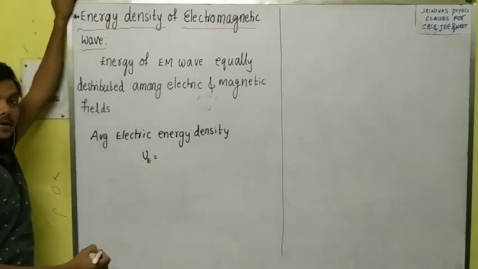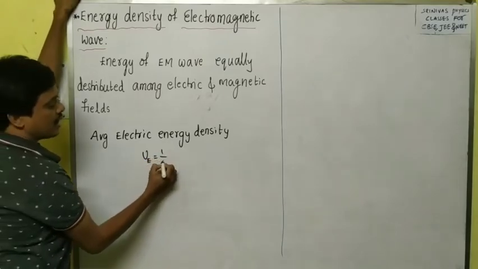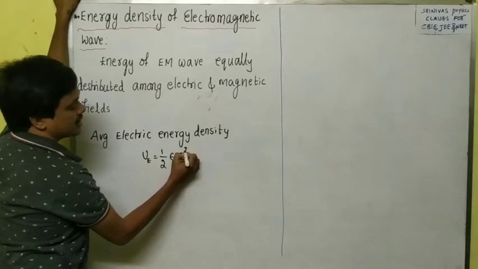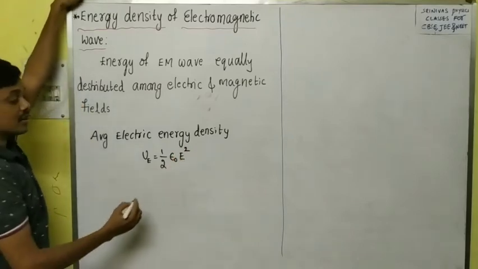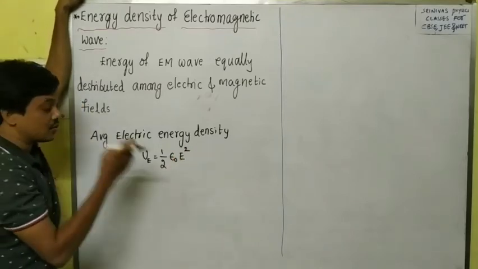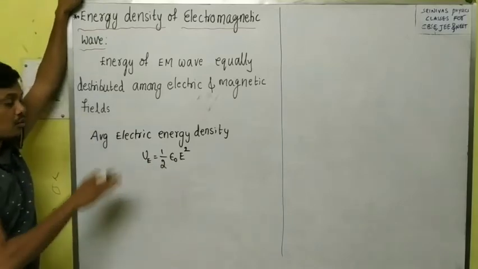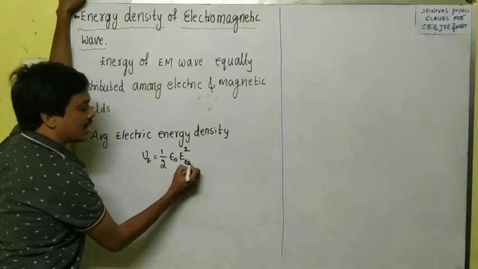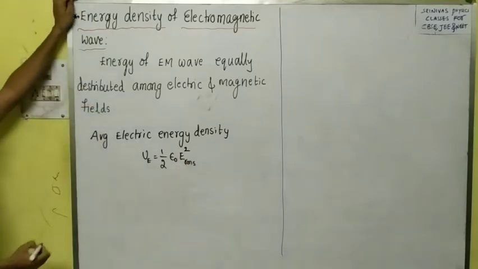Its formula we already know: half epsilon naught E square, right? But the electric field varies in an electromagnetic wave, it is an oscillating electric field. That's why here we have to take the RMS, E RMS, okay?